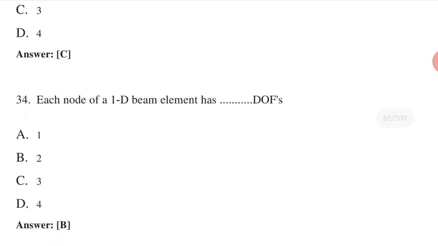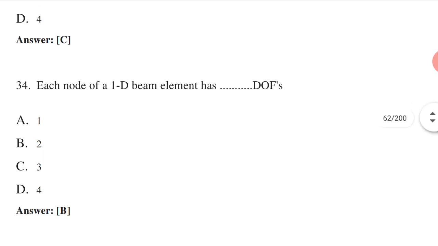Then next question is, each node of a one dimensional element has dash dash dash degrees of freedom. So, we should fill this blank over here. We know that there are 2 degrees of freedom for a one dimensional beam element.